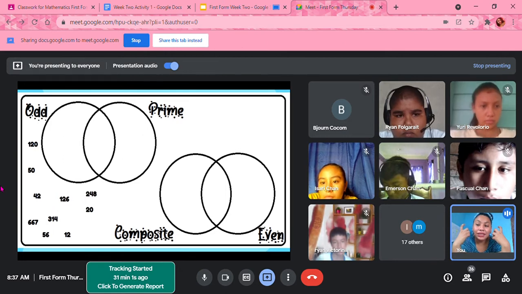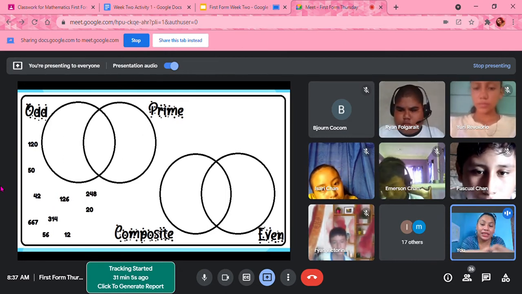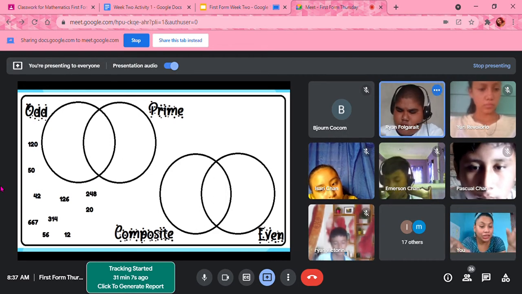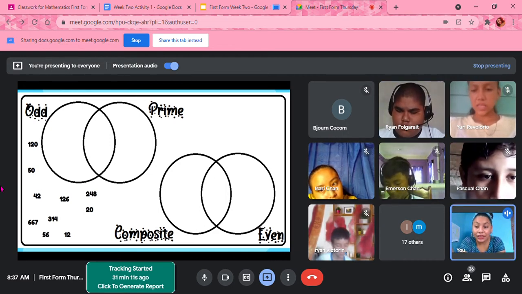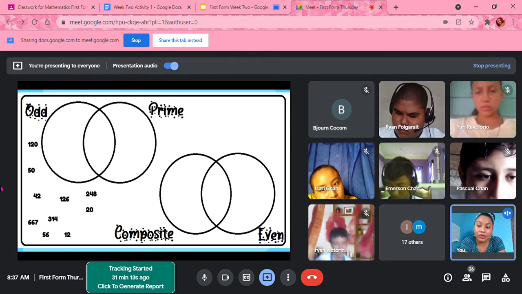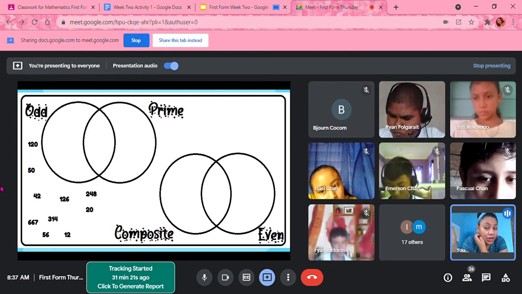It says odd and prime, and then composite and even. This one is a little bit tricky because we have to put the numbers I have on the side into the Venn diagram.